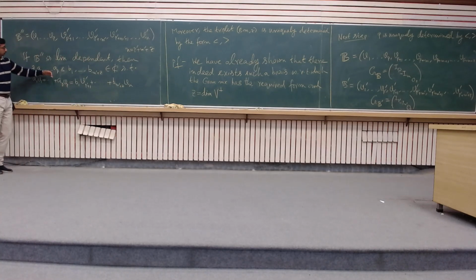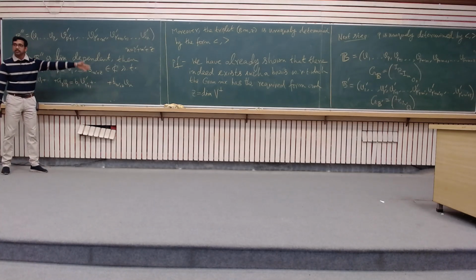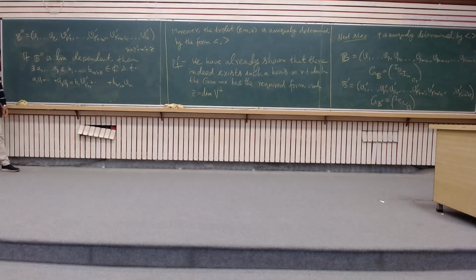So some linear combination, that is this one minus this one, is equal to 0. That would be a linear combination of this and this, right?